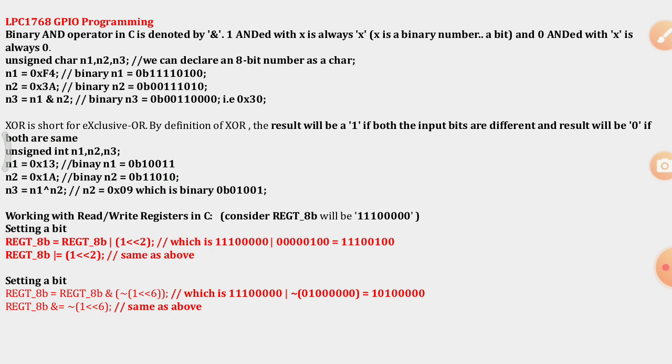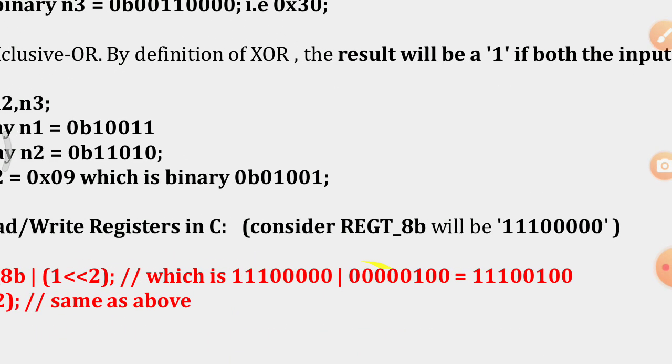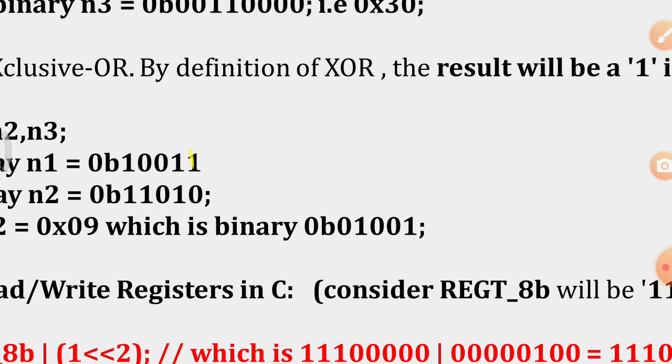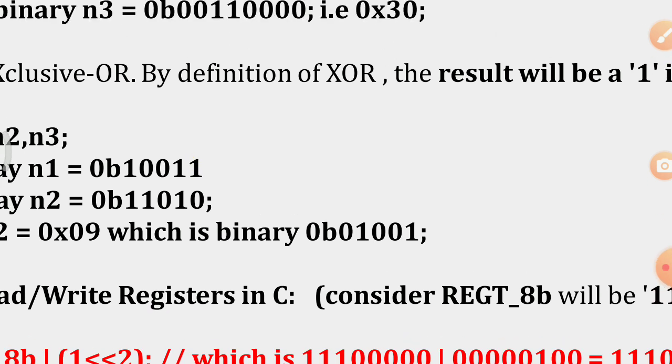If we XOR these two numbers, we can see here, 1 XOR 0 is 1. The 2 bits are different, that is why the output is 1 here. If the 2 bits are the same, then the output is going to be 0.